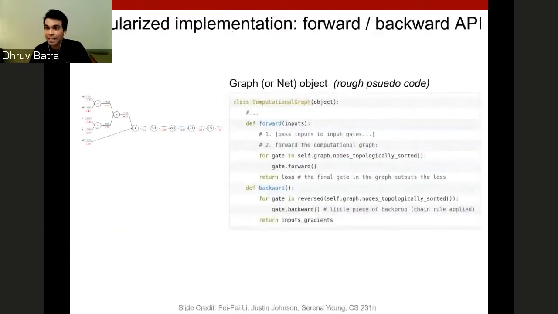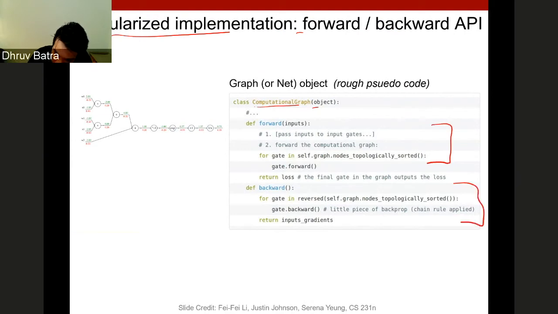Okay, and in general, we're going to have modularized implementations of these things. You will typically define a computational graph class, and for every node or every computation object, you will define a forward pass and a backward pass, which get applied in the topological ordering and the reverse topological ordering.